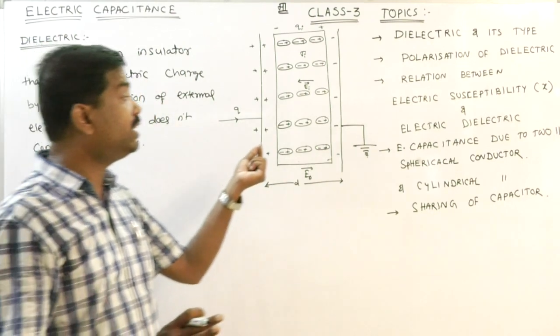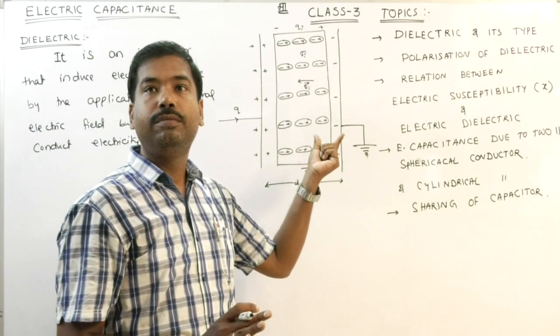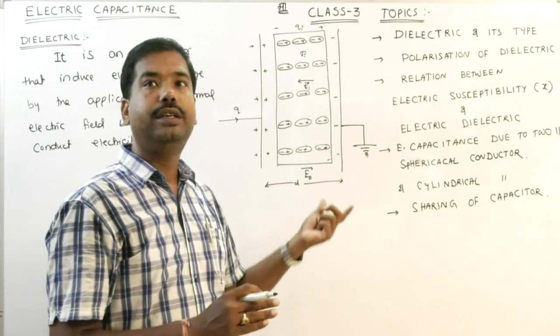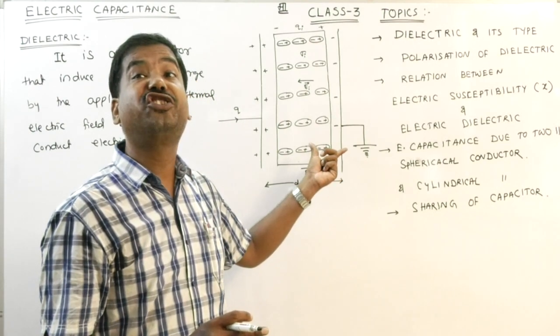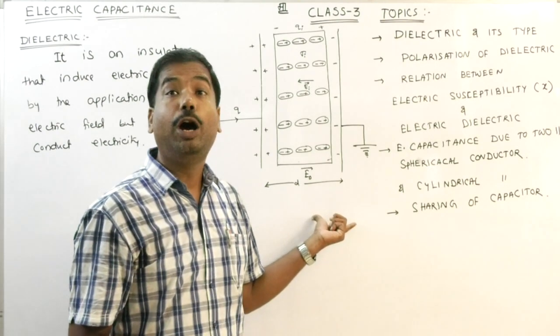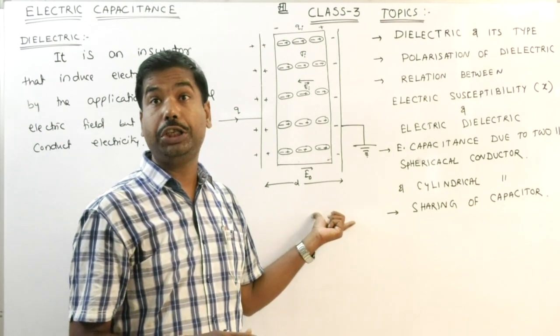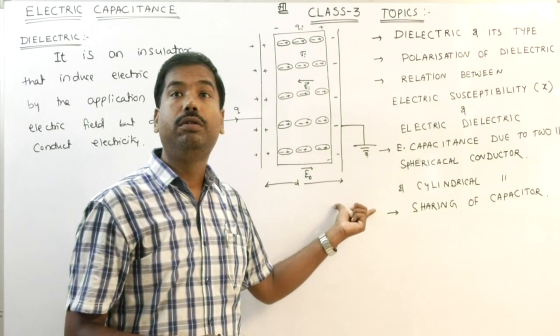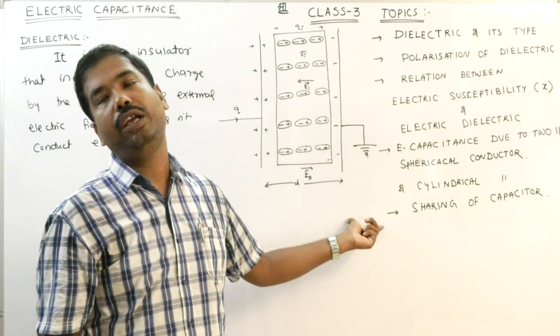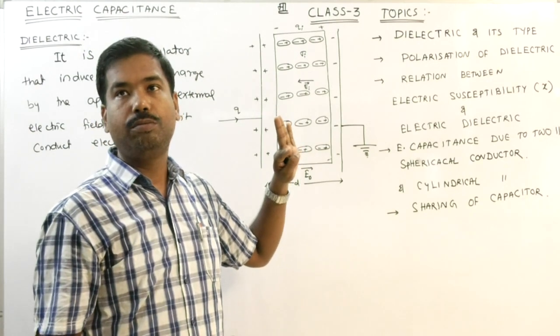Clear? And how much charge gets displaced, and how it affects, that is called the dielectric strength. And depending upon the dielectric strength, the potential increases or decreases, or electric field changes and capacitance changes, as already discussed. Clear?